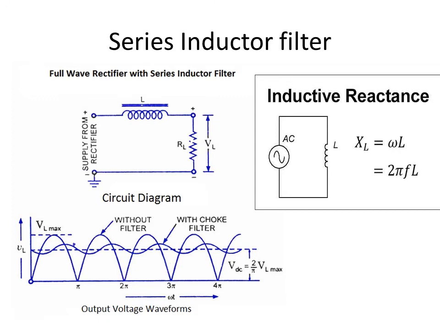So it goes on like that, and therefore the net output that we get will have lower fluctuations. You can see the two outputs marked in this diagram, one without the filter and the other with the filter. So this is how the series inductor filter works.